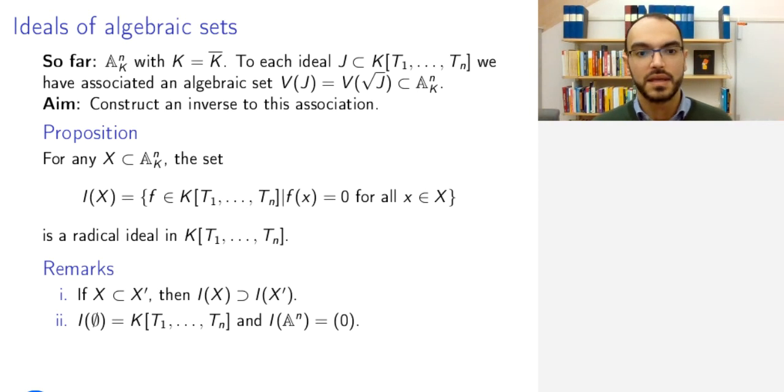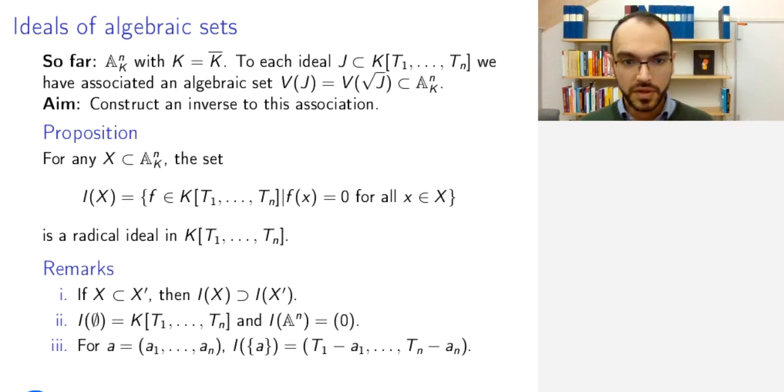Secondly, if you look at the vanishing ideal of the empty set, then this will be the whole ring, because all polynomials satisfy that they vanish on all non-existing points of the empty set. And conversely, the vanishing ideal of the whole space is the zero set. There is no non-zero polynomial that can vanish on everything.